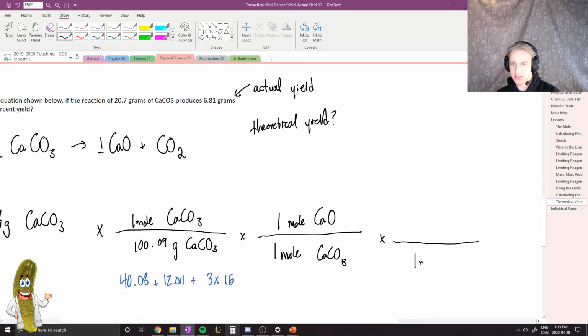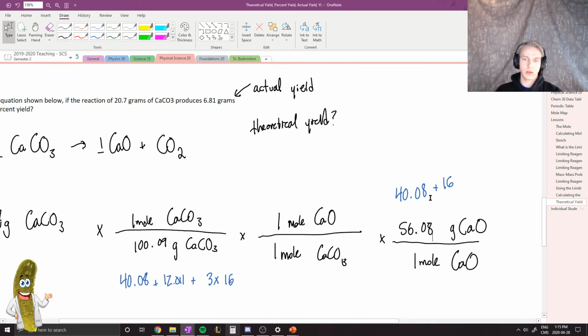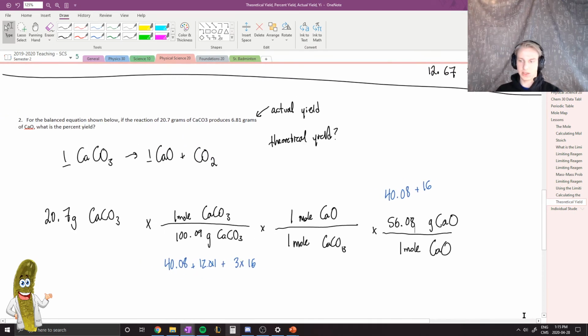And then the last step is to convert from moles of CaO into grams of CaO. Molar mass is 40.08 for the calcium and 16 for the oxygen, which gives us a final molar mass of 56.08.